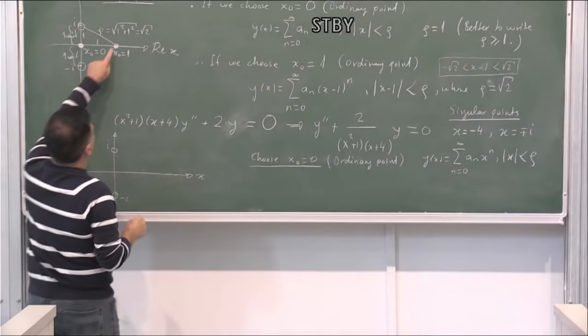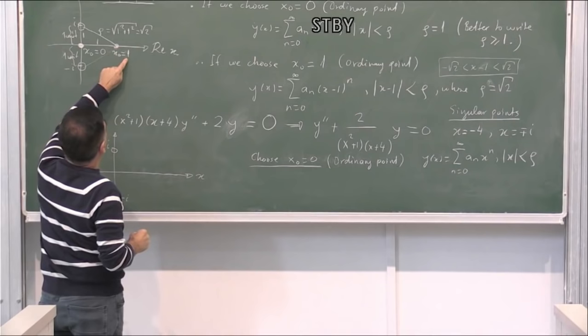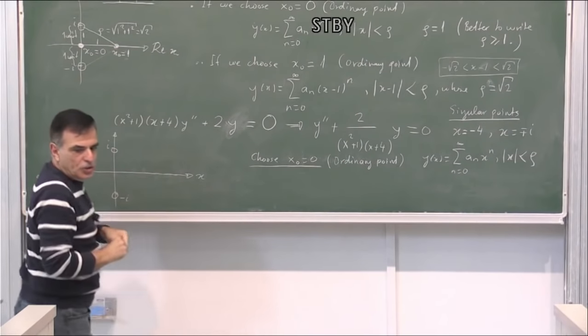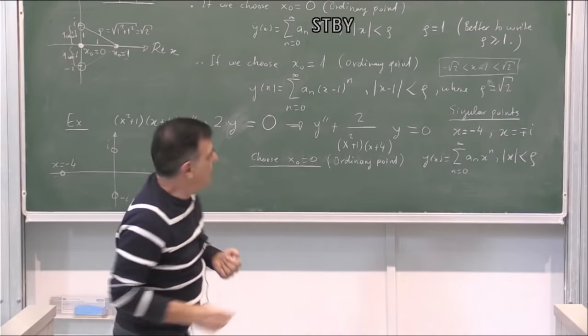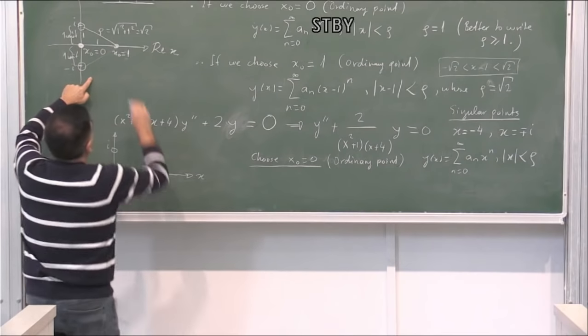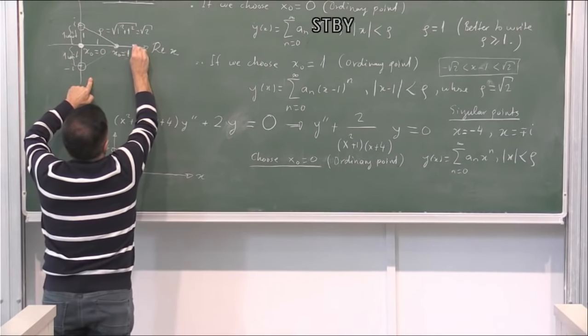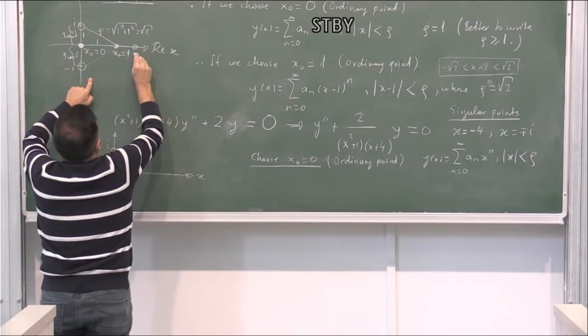If you consider the solution about x equal to 1, which interval is the interval of convergence? Radius of convergence is radical 2. Radical 2 is somewhere, so 1 plus radical 2.